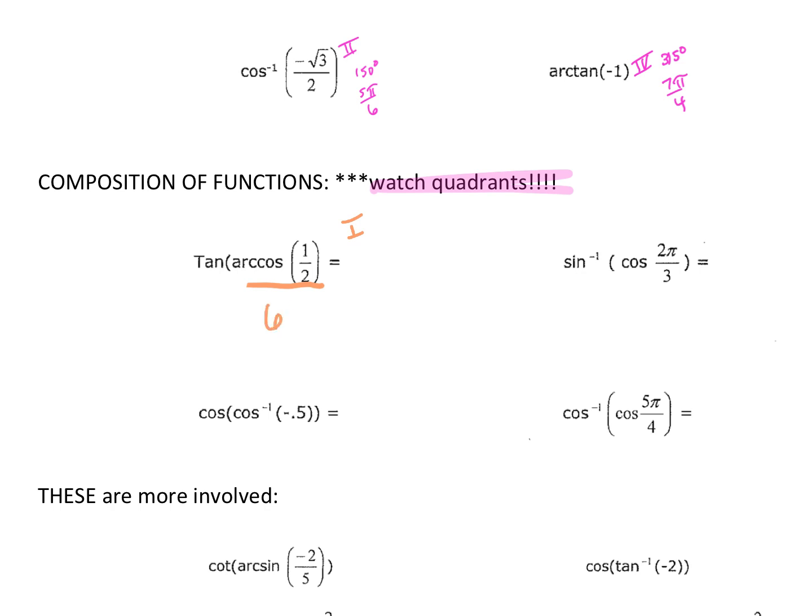So this part right there, that arc cosine of a half, is equal to 60 degrees. And so now basically this is saying take the tangent of 60 and give me an answer. So it's kind of a two-step process. We found 60 because that's our arc cosine of a half, our inverse cosine of a half. And now we're supposed to take tangent of 60. What does that give us for our final answer then? Square root of 3. Beautiful.